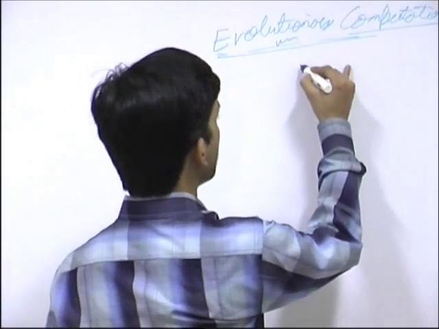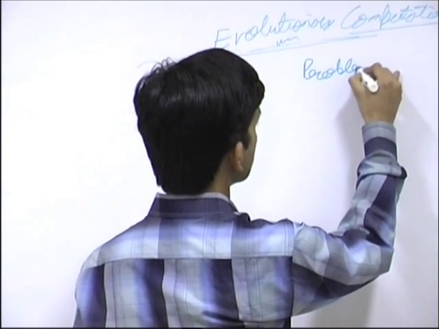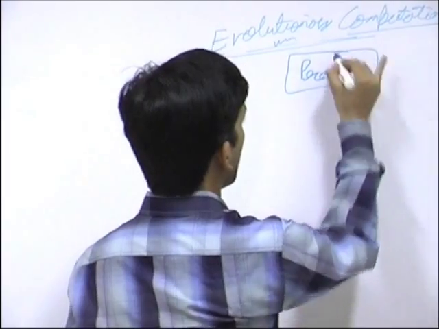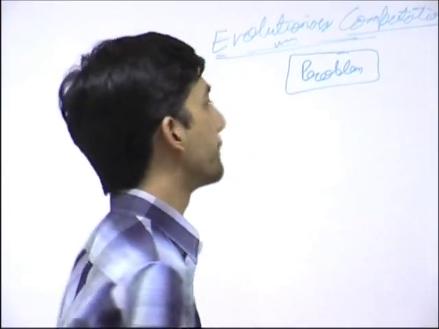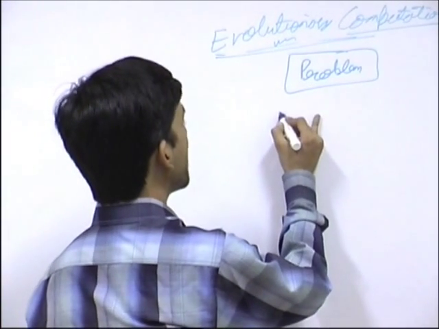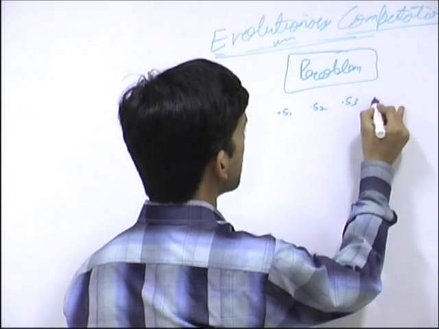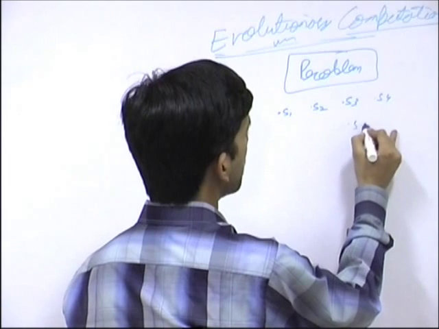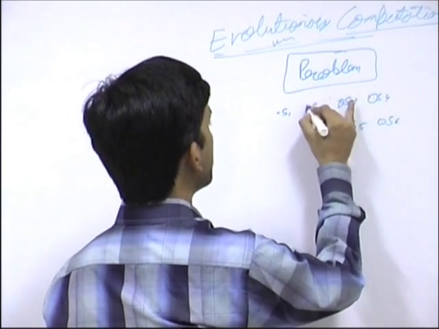So let me say that there is a problem that needs to be solved. In numerous ways I try to solve this problem, and based on that I generate a set of solutions. So these are the various solutions that I generate.